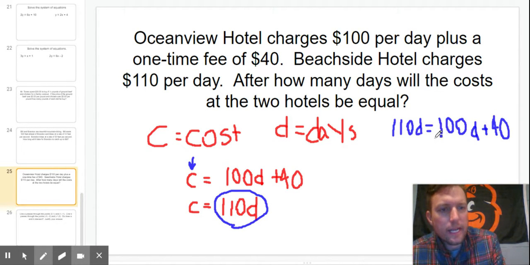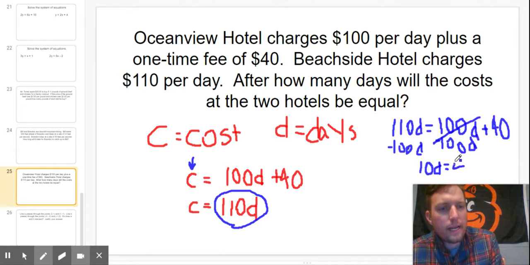If I have 100D here, I'm going to subtract 100D on both sides, because 100D minus 100D gives me 0, and that cancels out. 110D minus 100D gives me, that's right, 10D. So I'm left with 10D equals 40.